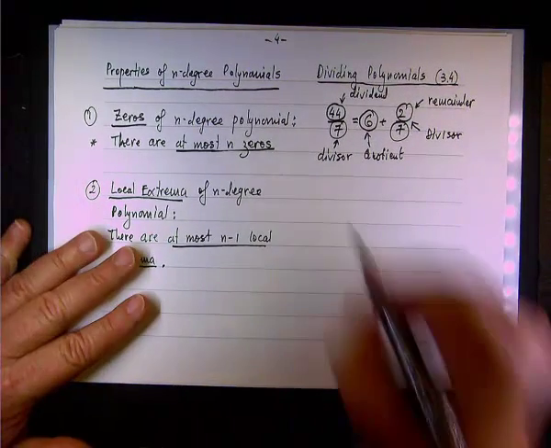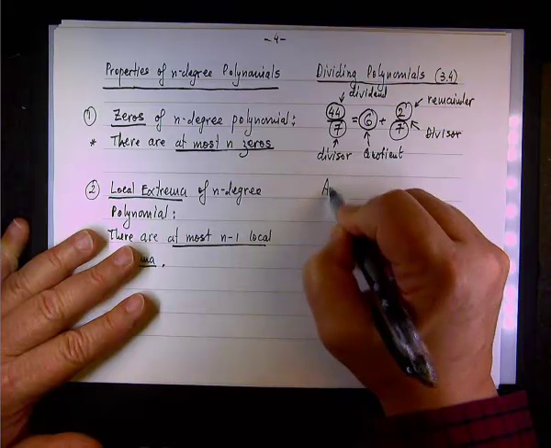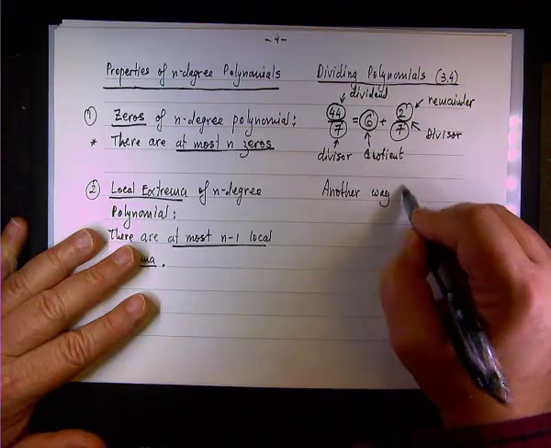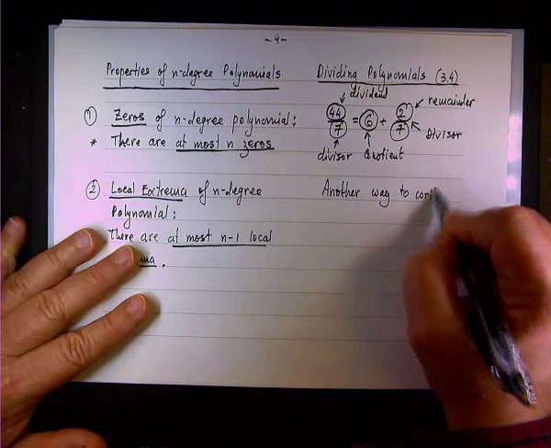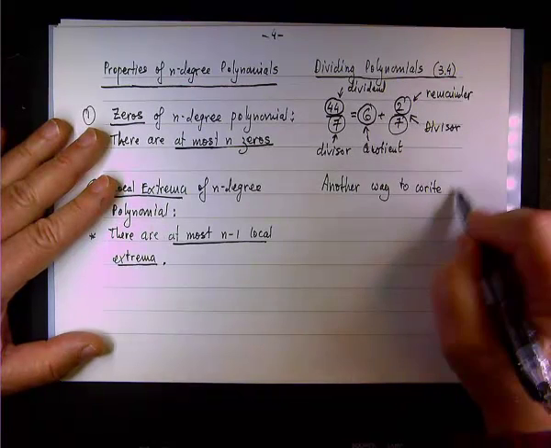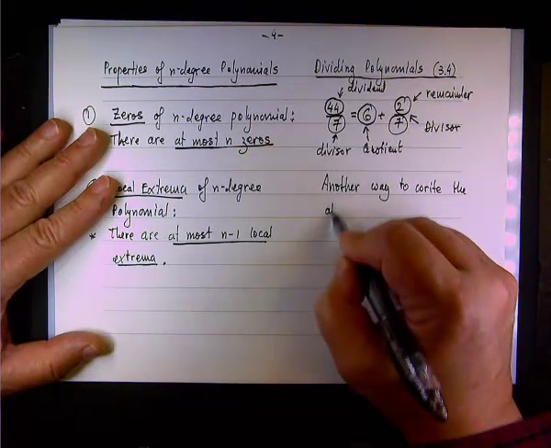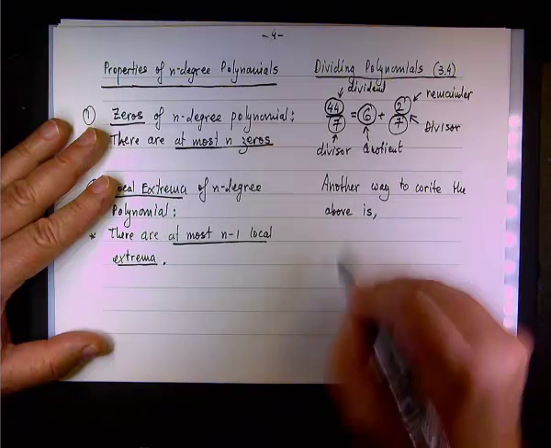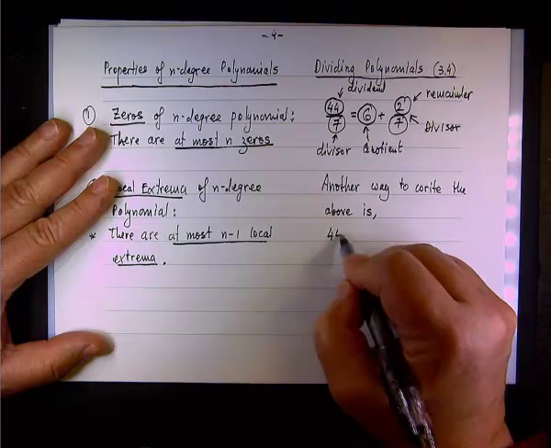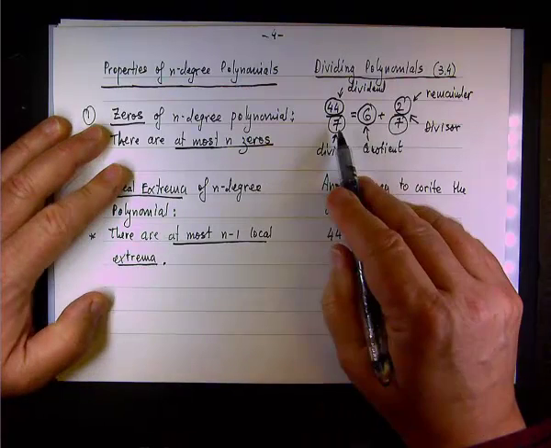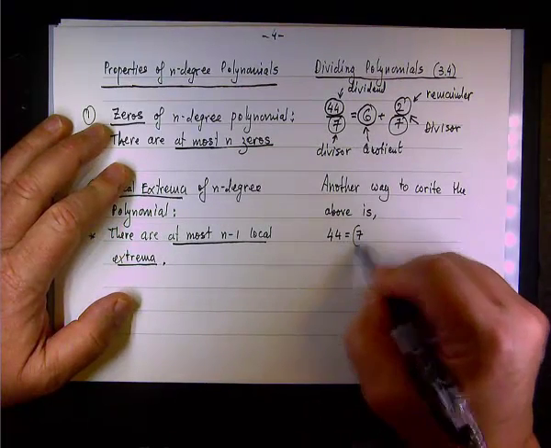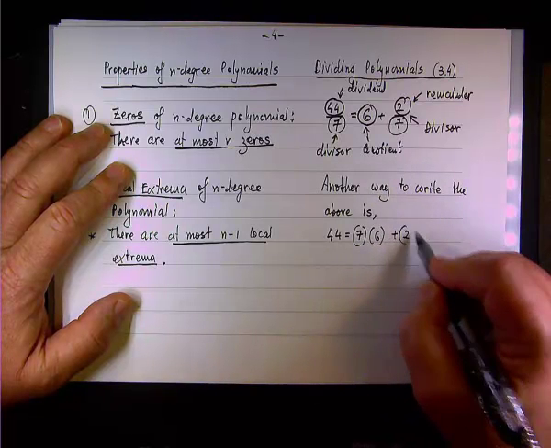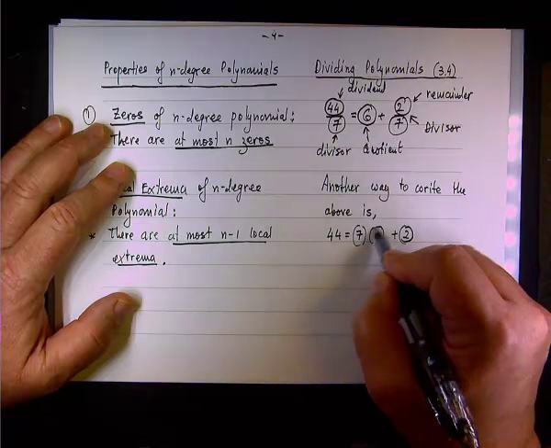Okay? Another way to write the above is I can write 44 equals the divisor 7 times 6 plus the remainder 2.